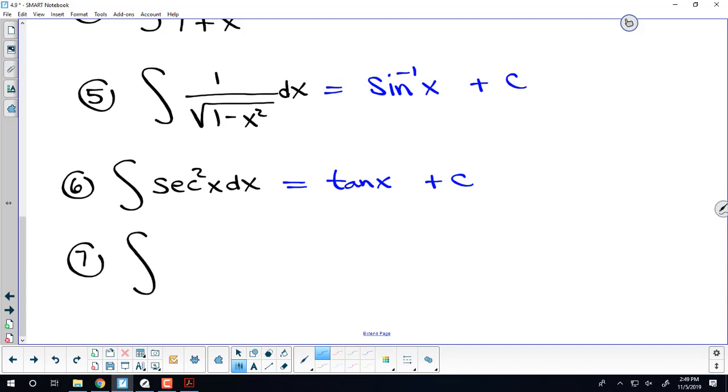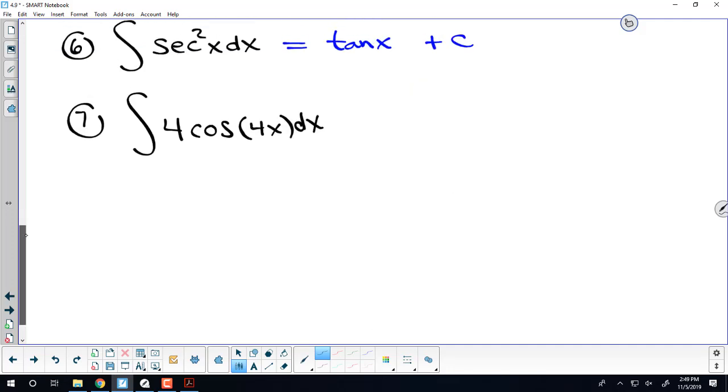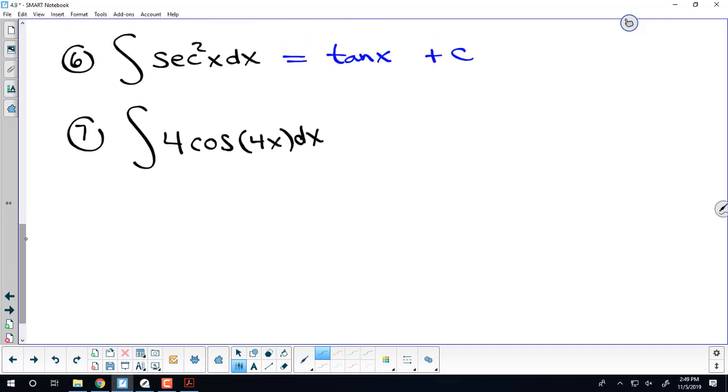How about the antiderivative of 4 times cosine 4x? Close, not quite. Yeah, what do y'all think? Sine 4x?